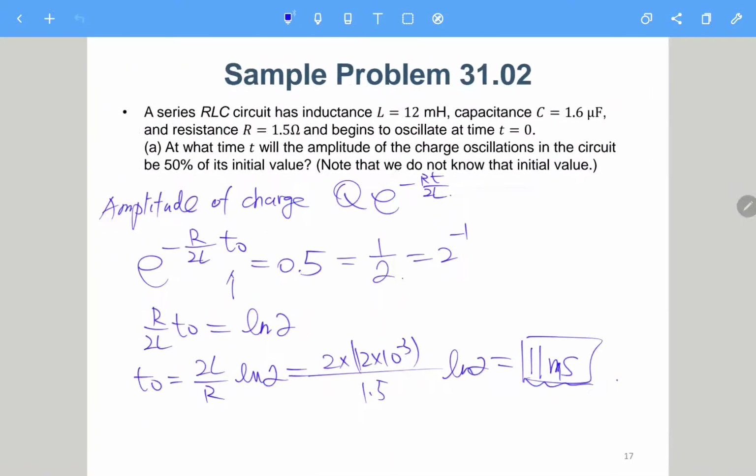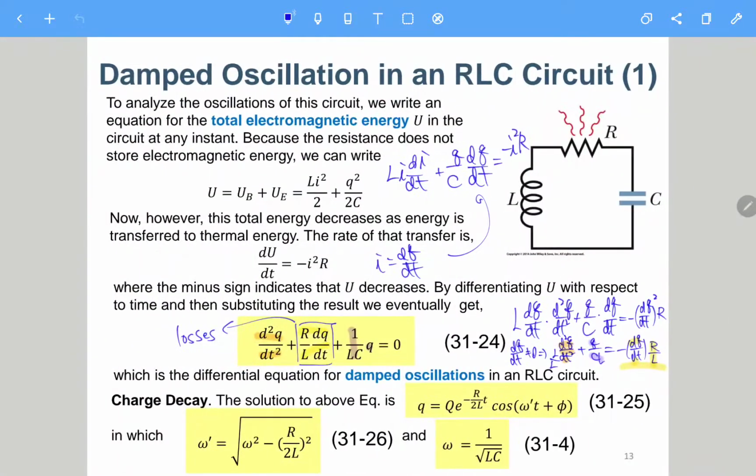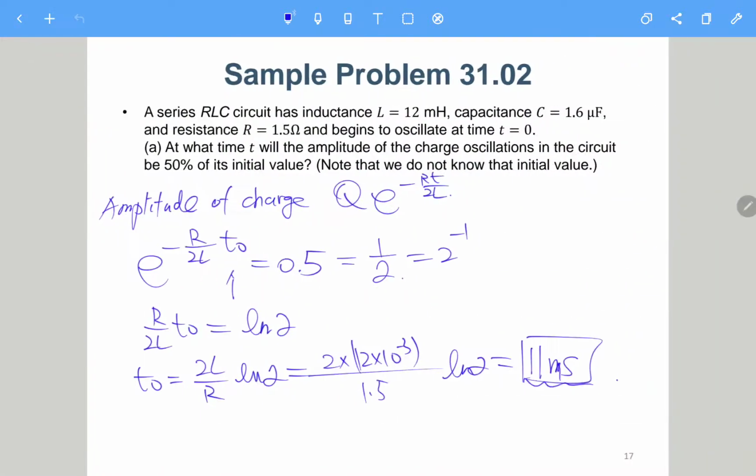Just in case you don't know what this means, I can try to explain it with this expression.